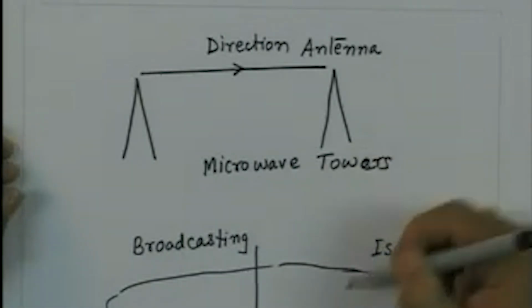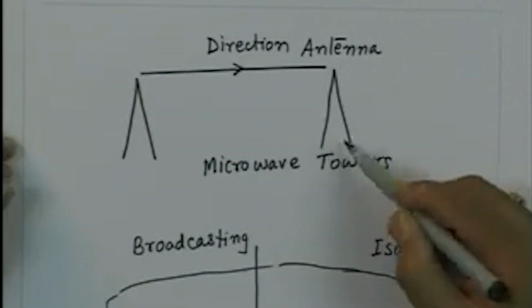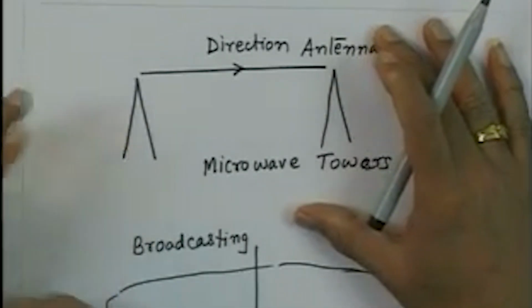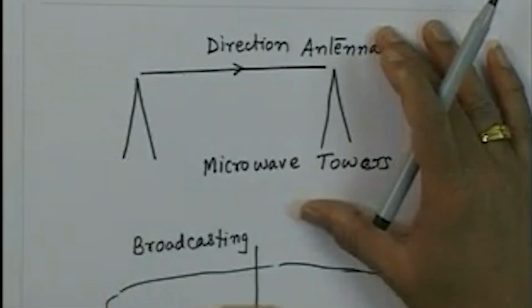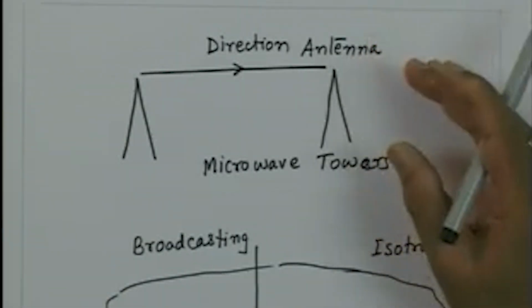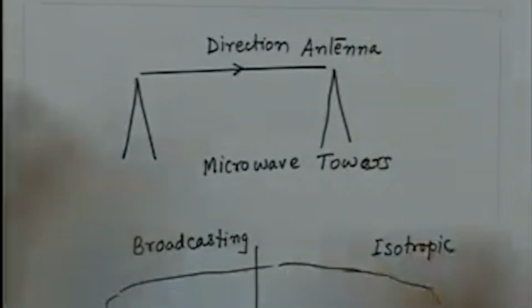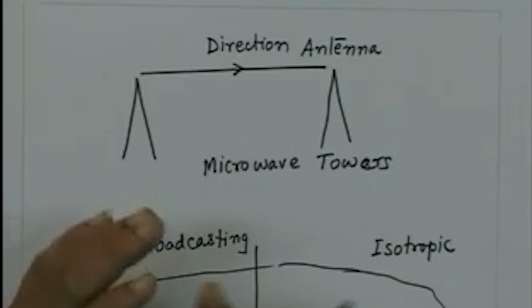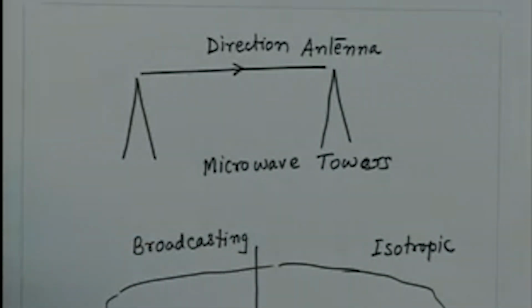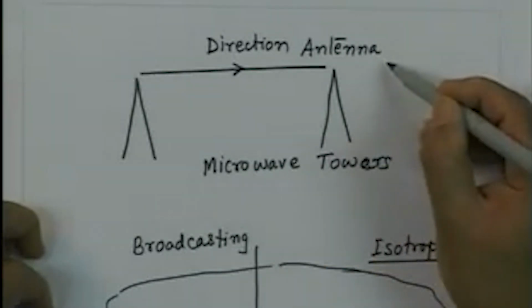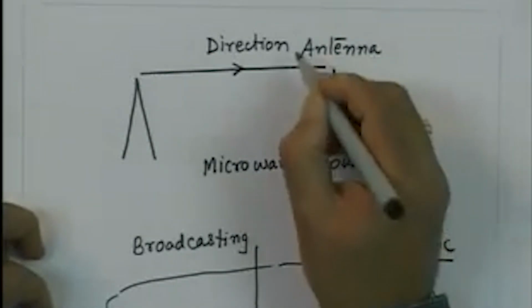So, depending upon the situation, I may require an antenna which is very directional. That means it has a strongly preferred direction for putting the power, or I may require an antenna which does not have any preferred direction, so that the power goes uniformly in its surrounding. So, in broadcasting application I will get an antenna which is isotropic, which is non-directional, whereas for microwave tower kind of application I will get an antenna which is a highly directional antenna.